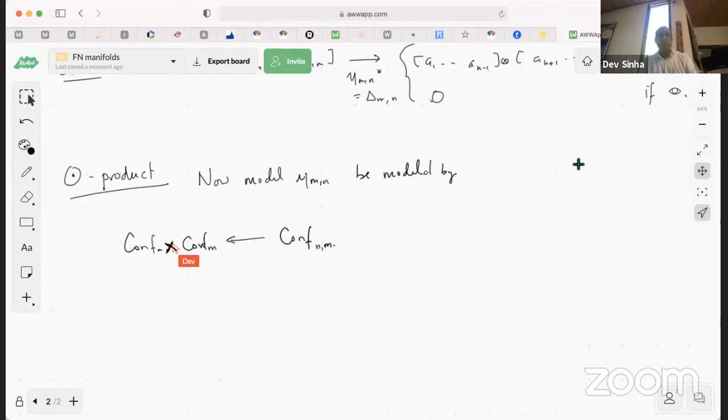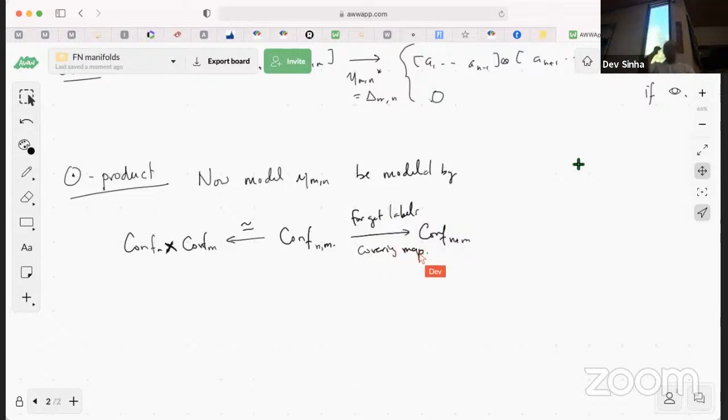Or forget the red points, I've got the blue ones left. That's the second. Take the product of those maps. So this is an equivalence. And then here we have the covering map, where we just forget the labels. So this is a covering map. And so we're going to actually trace through.